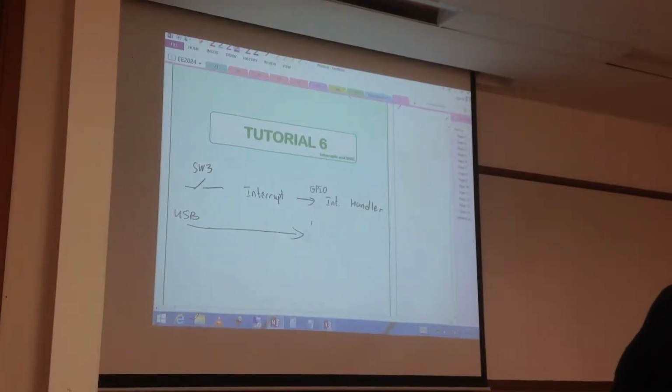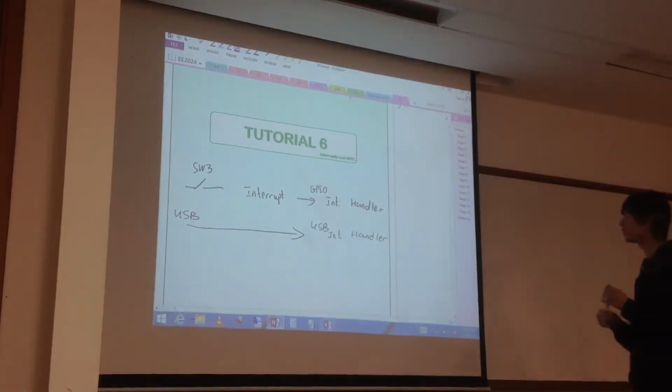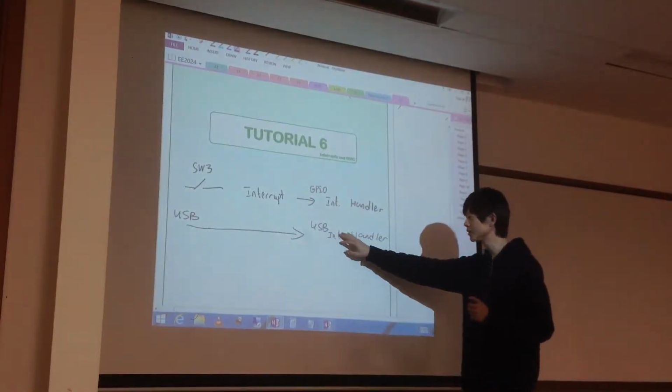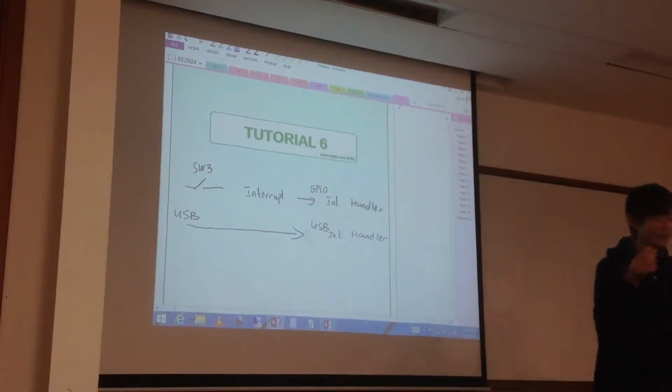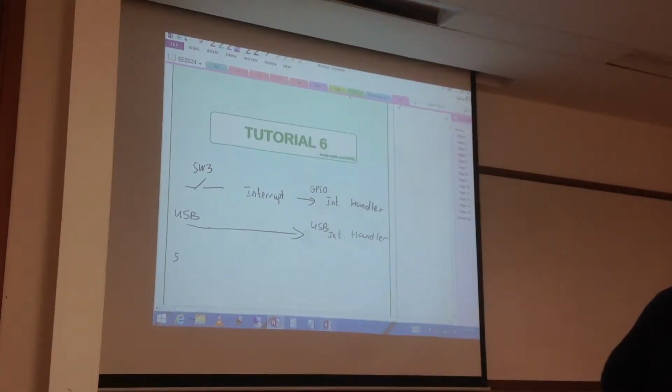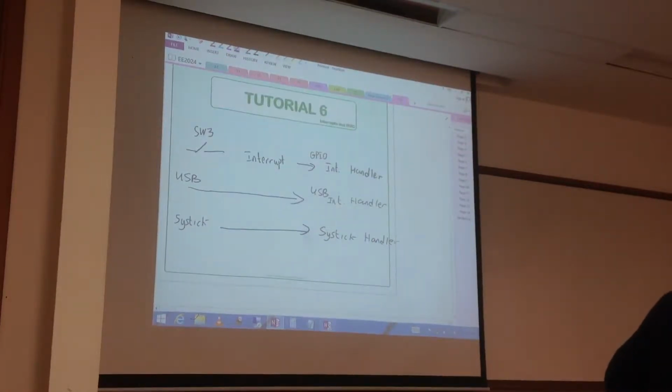How does it know it is a USB interrupt handler that it needs to look at, and how does it know where the code for this is located? Or in other words, an exception or interrupt occurs from the system. How does it know it needs to go to the system handler? Of course, your system handler consists of things like MSX++.